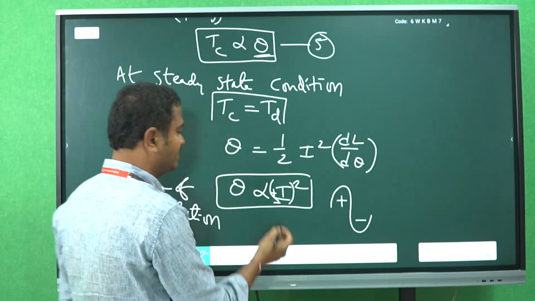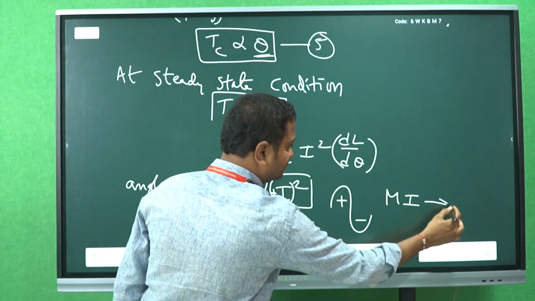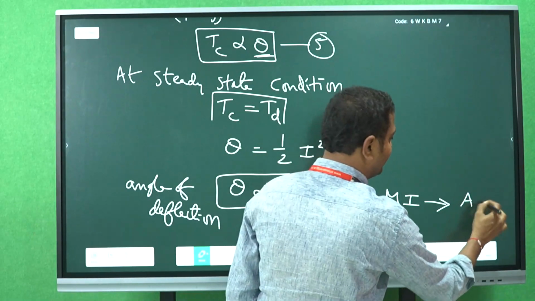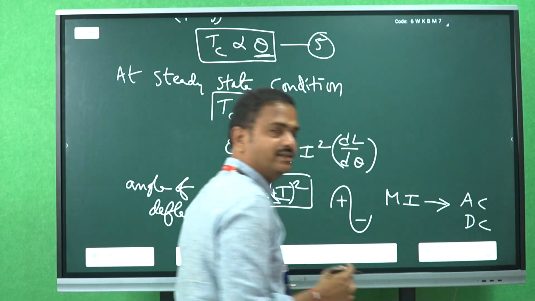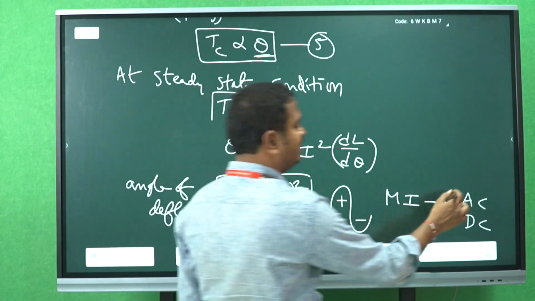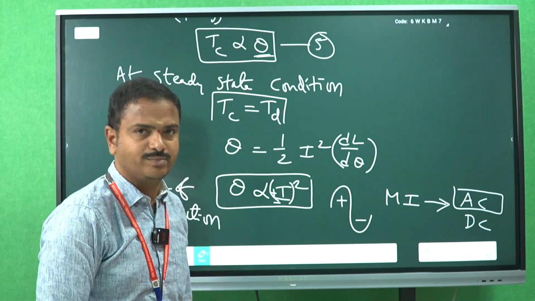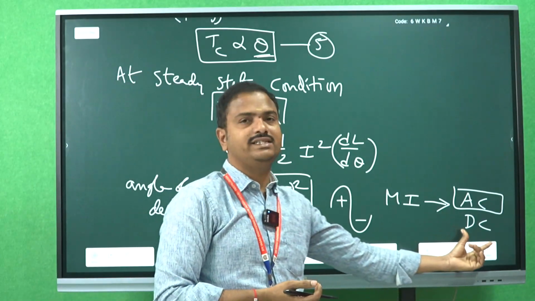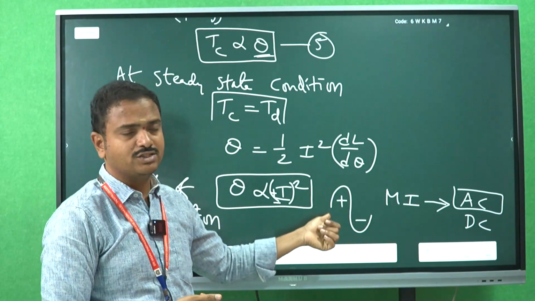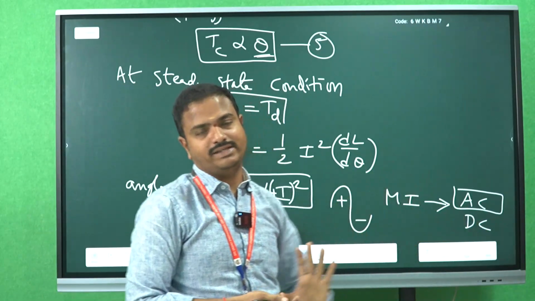That's why MI instruments measure both AC and DC values: AC voltage, AC current, DC voltage, and DC current. But accurate values are from AC, because we have PMMC instruments for measuring DC voltage and current. So MI instruments are used for AC voltage and AC current measurements.